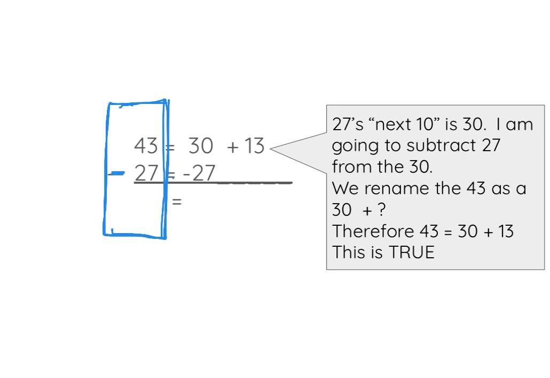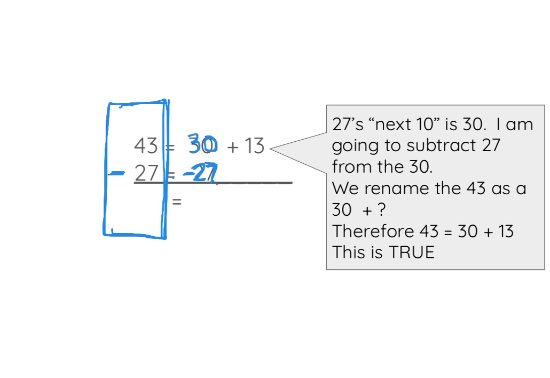So on the other side of the equal sign, I just write minus 27 because that's what I'm going to subtract. Now, put your pencil on the 27 and think to yourself, what is 27's next 10? And write it up above, and it's 30. So 27's next 10 is 30.